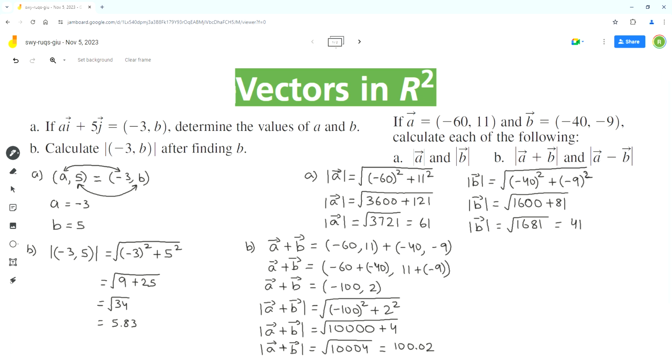Now we can find the magnitude of a minus b. So first we have to find the vector a minus b. So we should subtract the vectors. So we'll subtract the x components and then the y components.